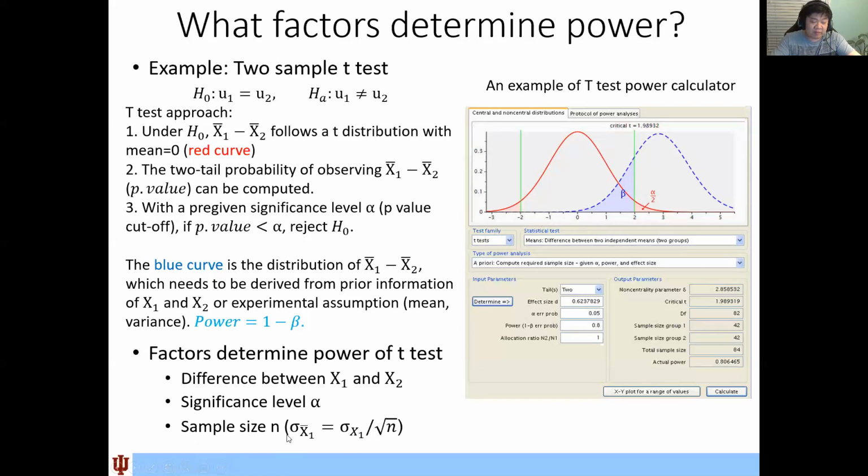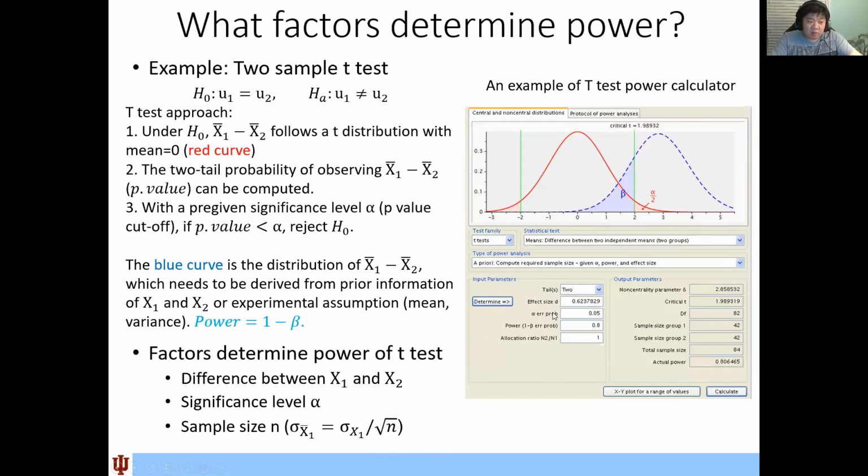So if we have a higher sample size n, the variance of x1 bar minus x2 bar will be smaller, and we will get a smaller beta here. So we note that the difference between x1 and x2, the significance level alpha, and the sample size may all contribute to the power.